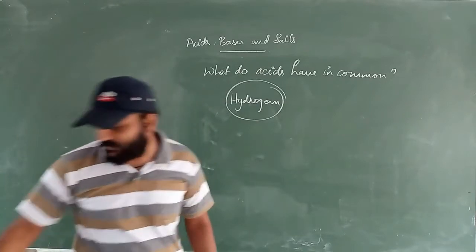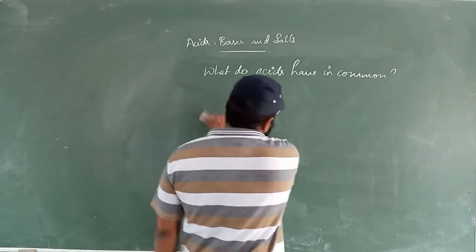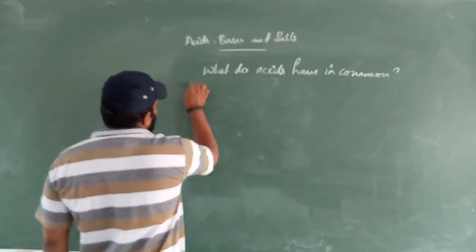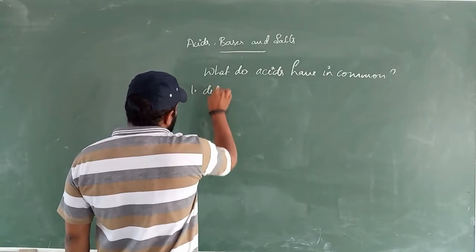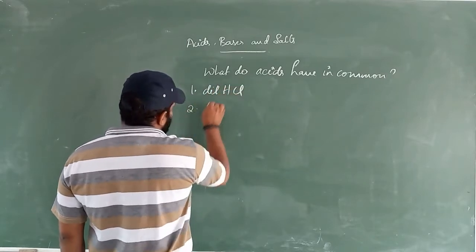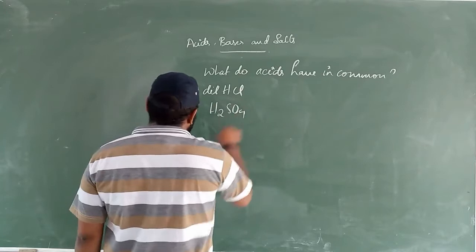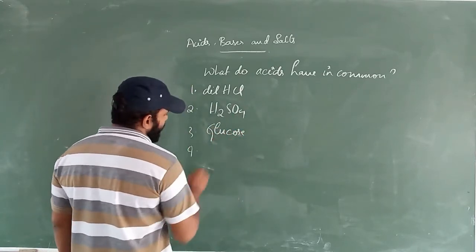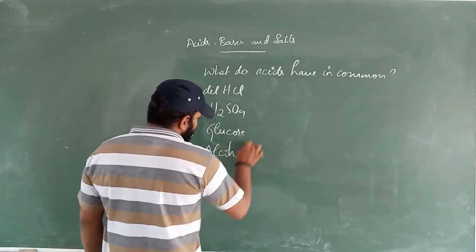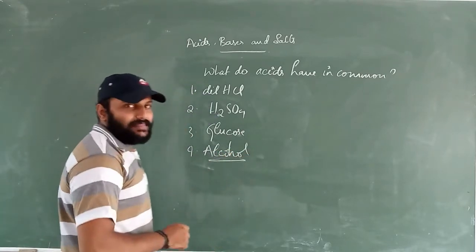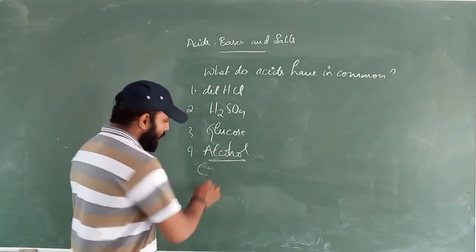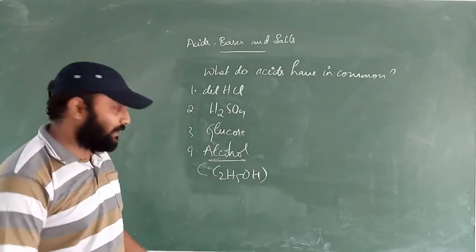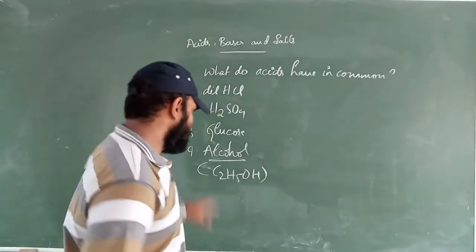For that purpose we will take four chemical compounds: dilute HCl, hydrochloric acid; sulfuric acid; glucose; and the fourth one, alcohol. The name for alcohol is ethanol, and its chemical formula is C2H5OH.